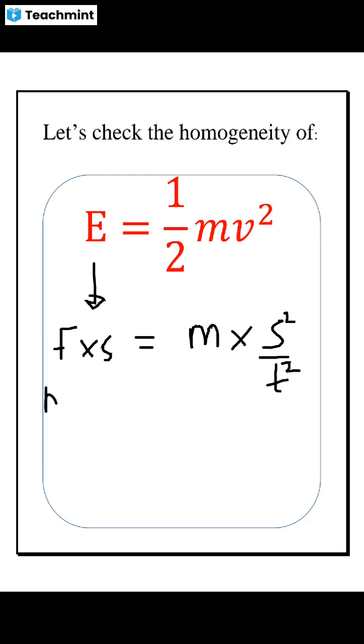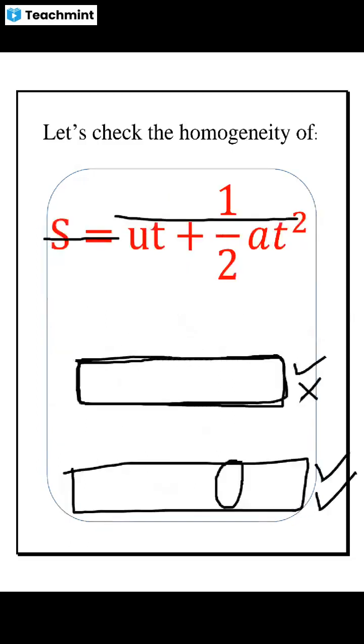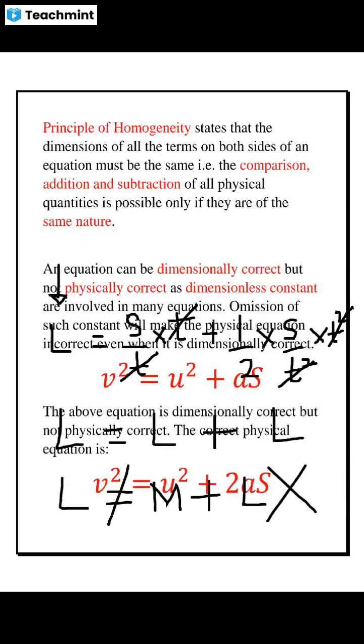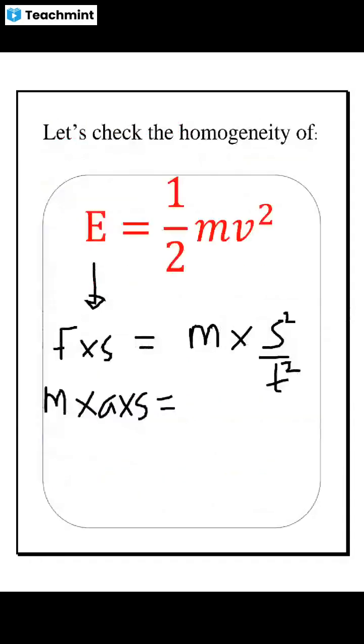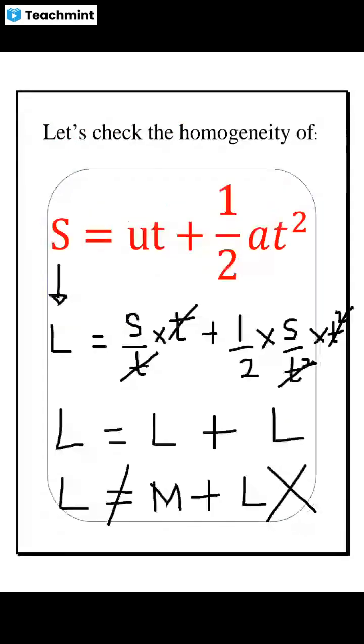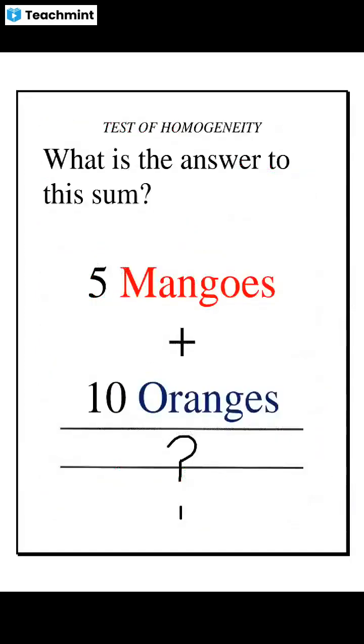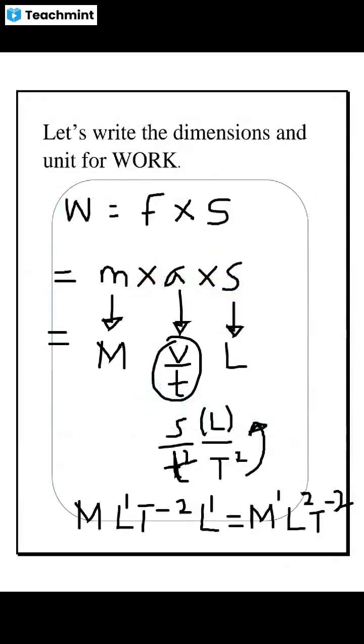This is m times a times s. Do you remember that we have done something similar to this? Let's quickly go and check. We've done something like this under work.